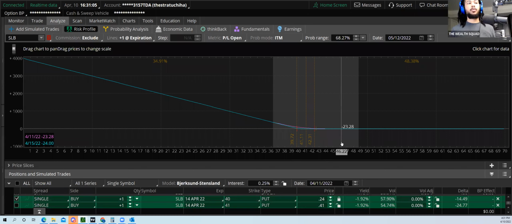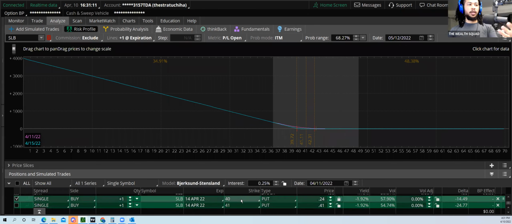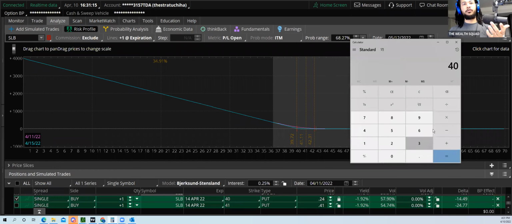And how you calculate break even for puts is you would take what you pay for the contract and you minus it from the strike. So in this case, the strike is 40. You're paying 24 cents for it. It'll be 40 minus 24 cents. Your break even would be 39.76. The same thing for the other one. And then for calls, you would add it.